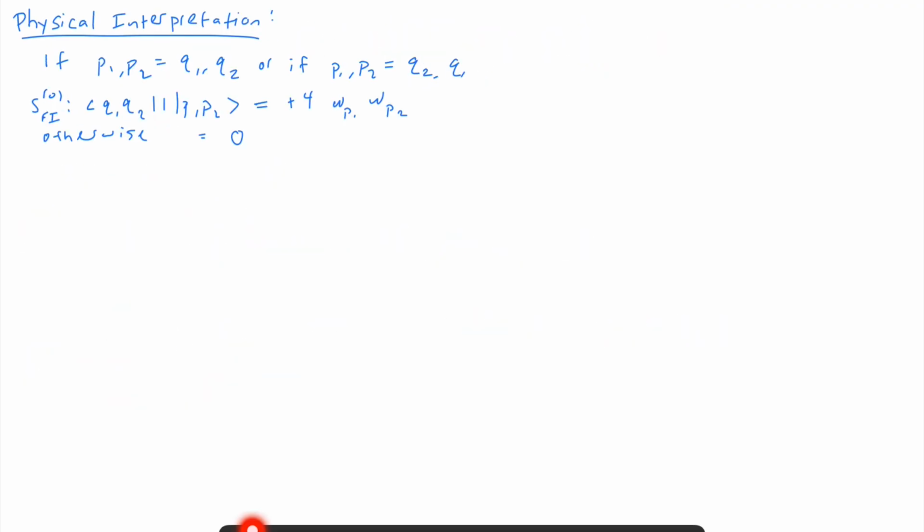What does that mean physically? Well, pretty simple to interpret, but also important to see that our theory actually produces something reasonable. If our two states are identical, then we get this, and otherwise we get that.